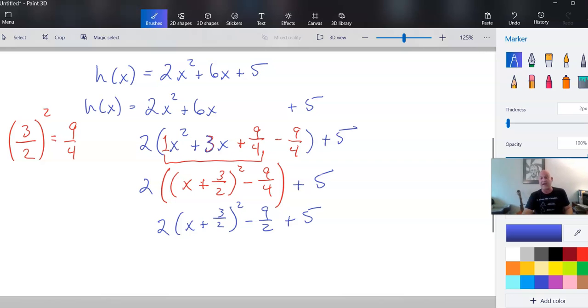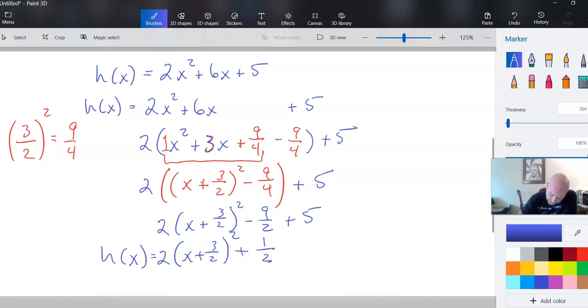So I need to add 9/2 to 5, right? So if I find a common denominator and add those together, let's see here, that would be positive 10. So that ends up making it 2 times (x + 3/2) squared, and adding these two together will give me plus 1/2. So that's now my h of x.